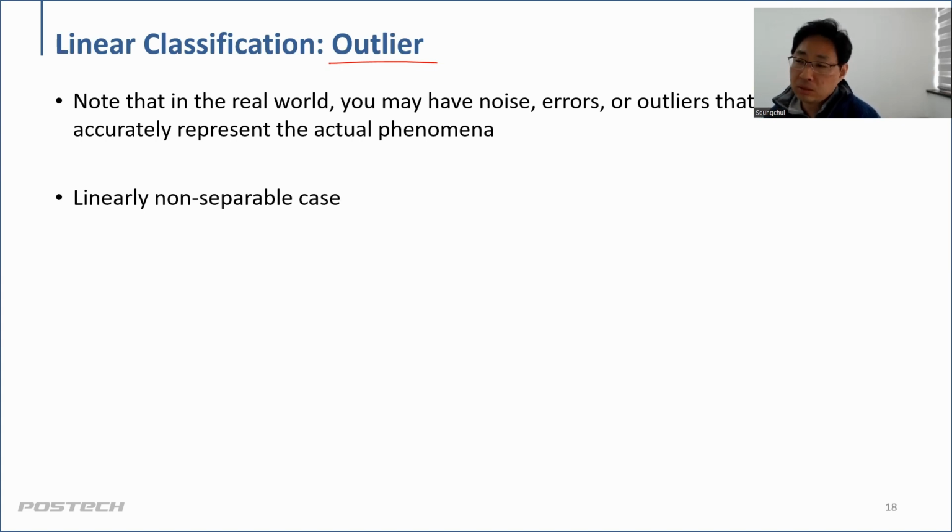So somehow we want SVM or linear classifiers to also work for the non-linearly separable case, to make our method more robust, or insensitive, I would say.